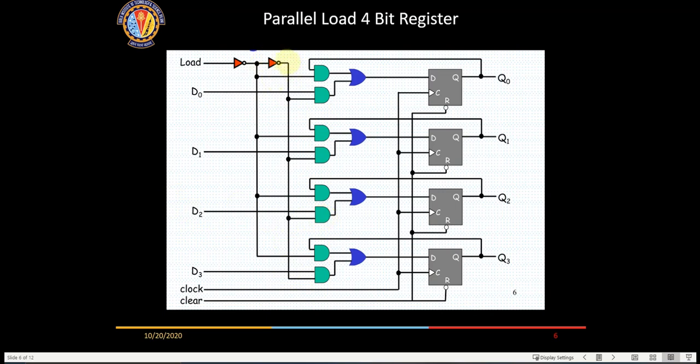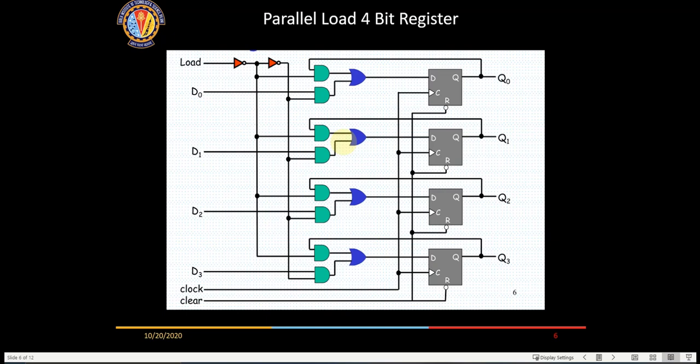The output of the second inverter from the load line is connected to AND gates which have the other inputs as D0. So obviously, if load is 0, then all the data line AND gate outputs will be 0. So we rule out that.